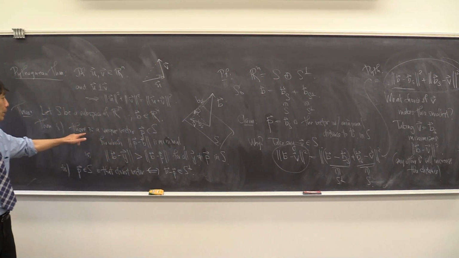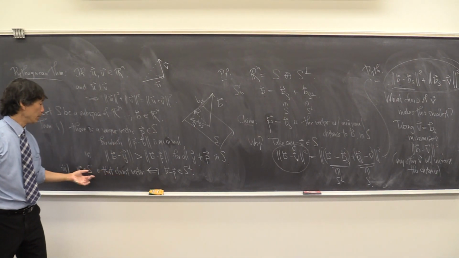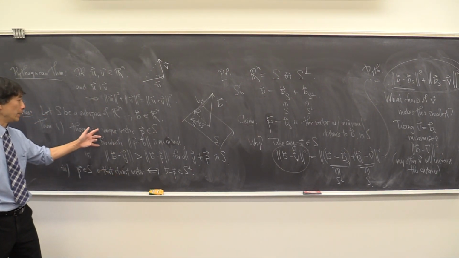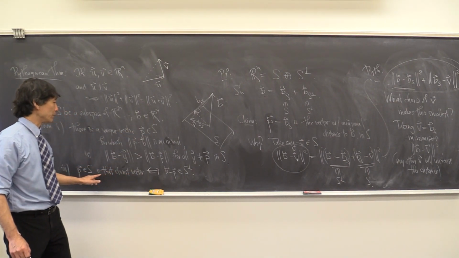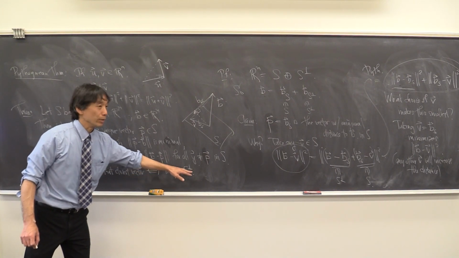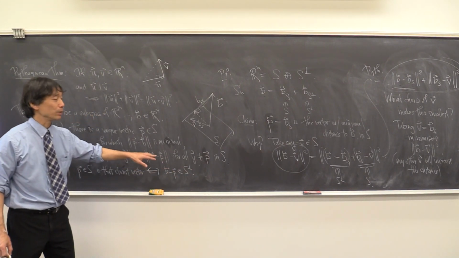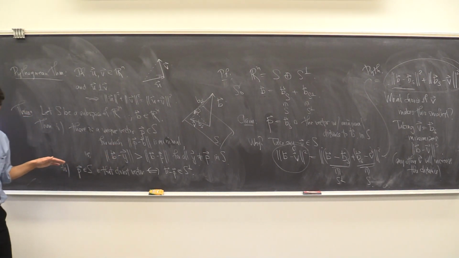And so that's it. There is a vector, and it is the vector such that when you subtract it off from B, you're in S perp. Does that make sense?